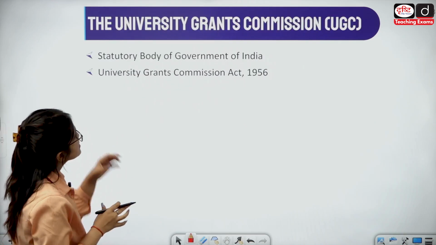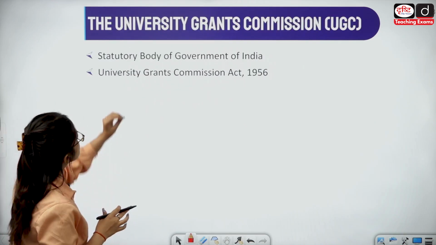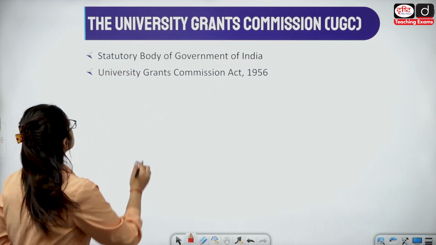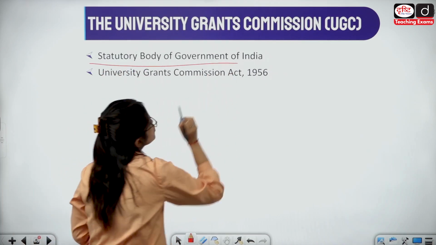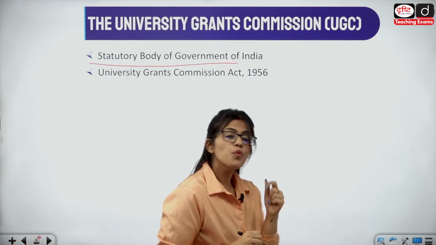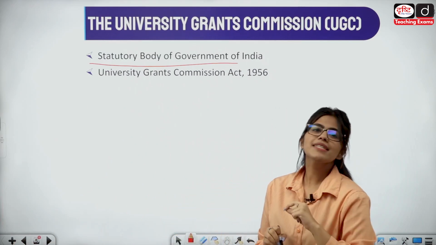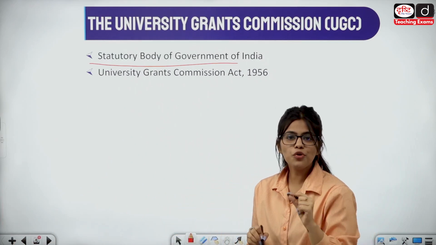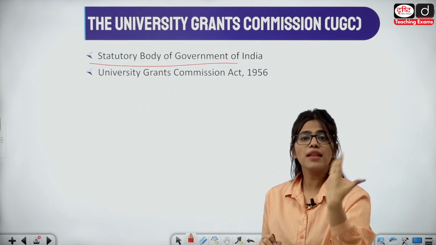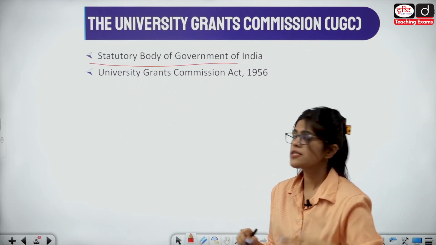Now, what is the UGC? What is the University Grants Commission? The University Grants Commission is a statutory body of the government of India. Whenever you think about statutory, what is it? We have all studied this in higher education, and we know that statutory is basically a body that is developed after an act is passed.